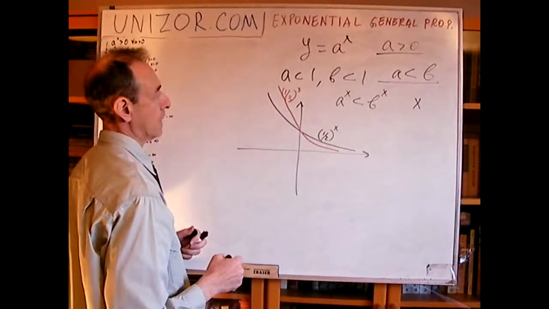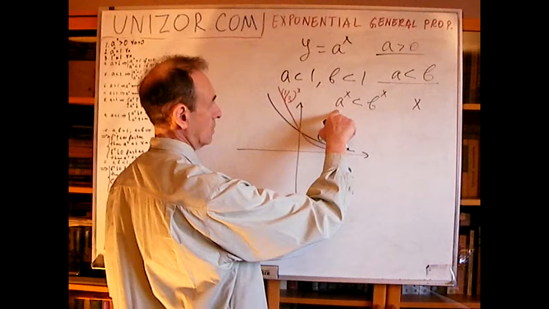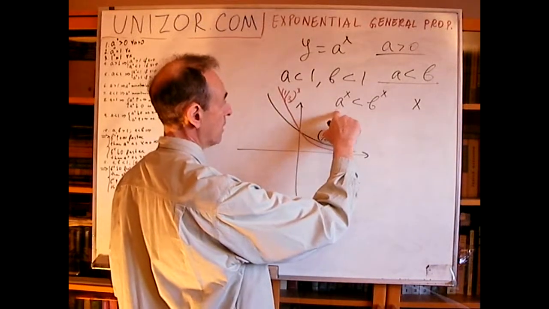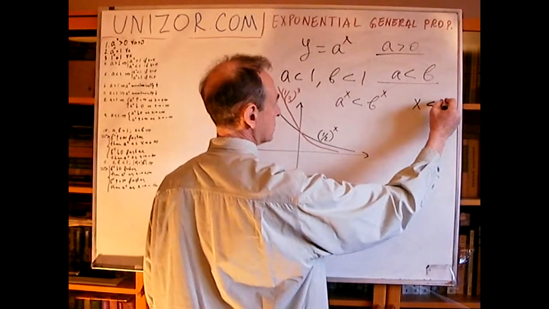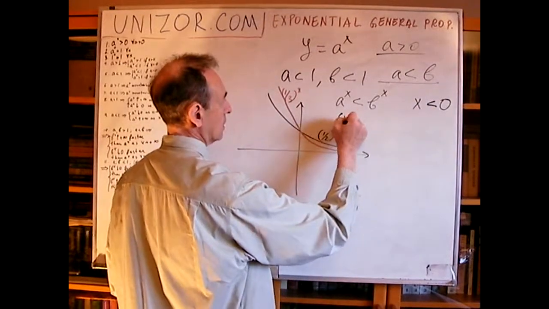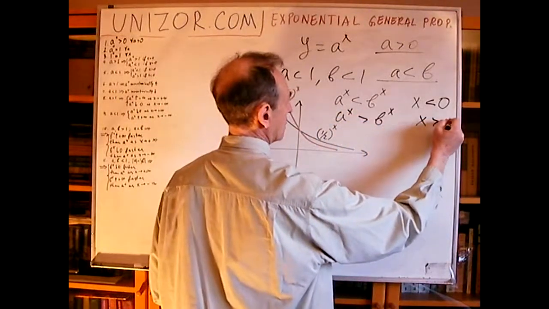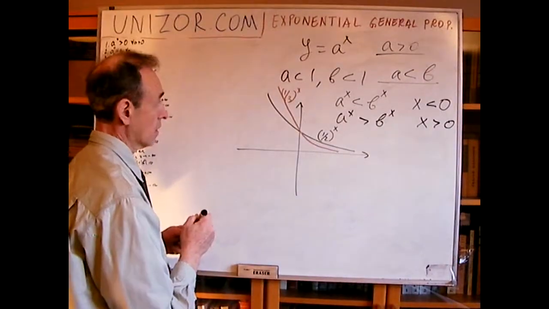Okay, so if a less than b, then the value of a to the power of x would be smaller for negative, and it would be bigger for positive. Let me check.